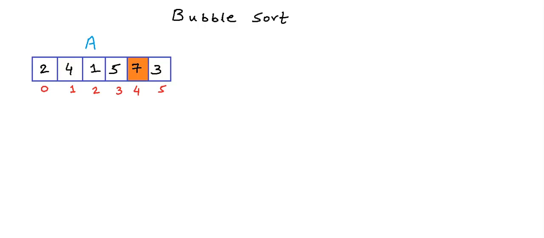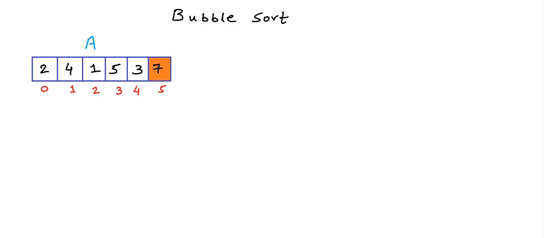As you can see, this whole process is pushing the number 7, which is the largest in the array, towards higher indices at each step. When we are at position 4, once again 7 is greater than 3, so we will swap. There is no next element for index 5, and at this stage we are done with one pass on the array.